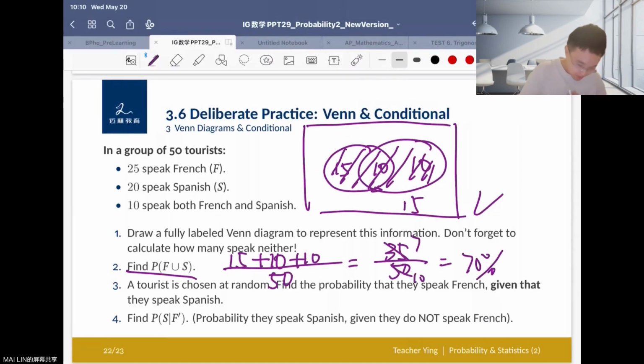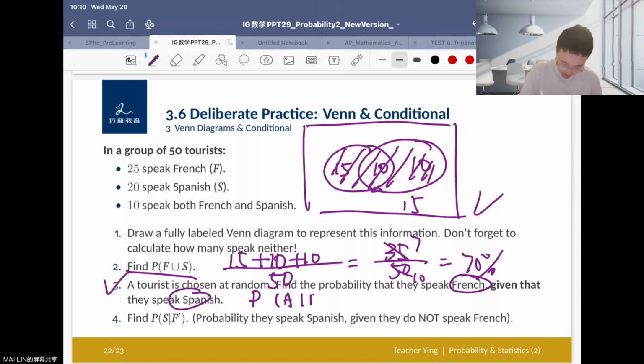For the third problem, a tourist is chosen at random, and we find the probability that they speak French given that they speak Spanish. Using the formula, P(A and B) over P(B).